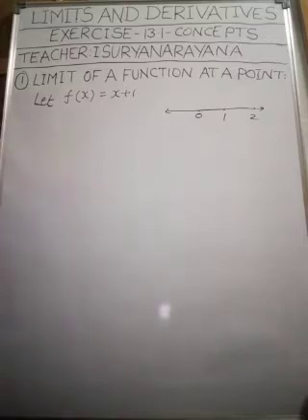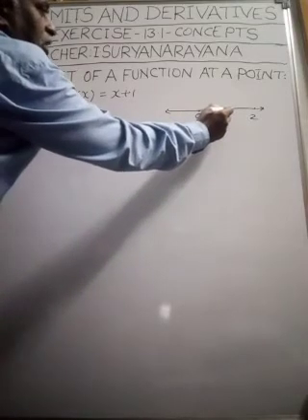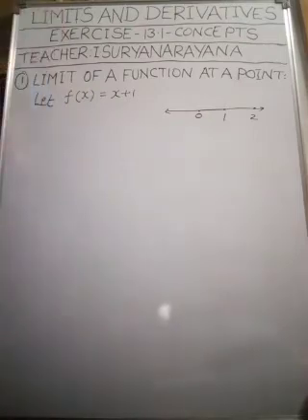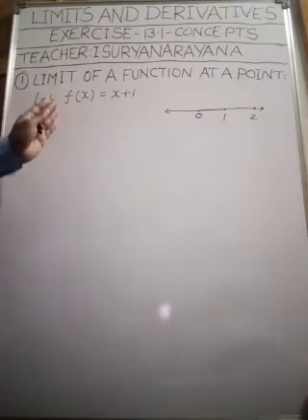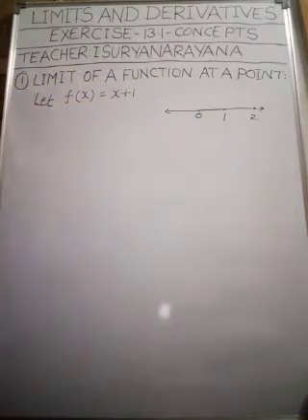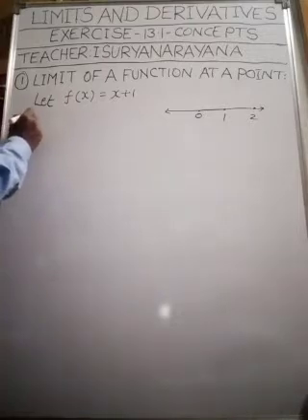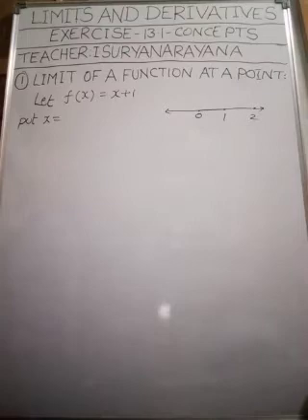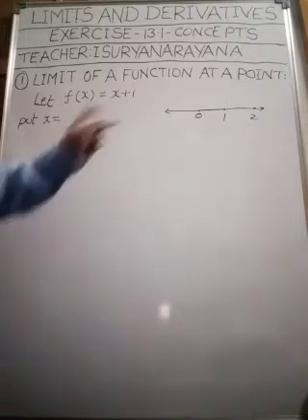The numbers very near to 0 or very near to 1 or very near to 2 means we take left side and right side to that particular number. Suppose for example, here I am taking the values of x very near to 1, from left and right side.